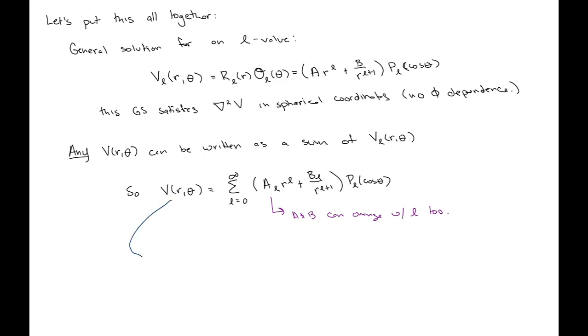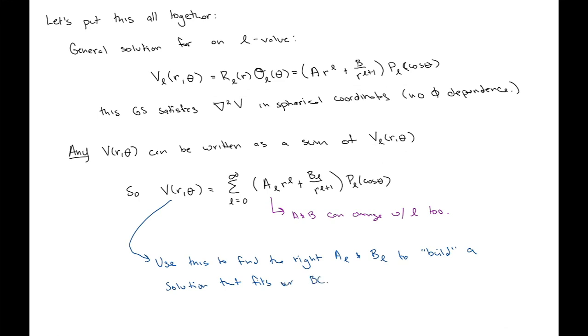Just like we did before, we are going to use this to find the right A sub L and B sub L to build a solution that fits our boundary conditions.